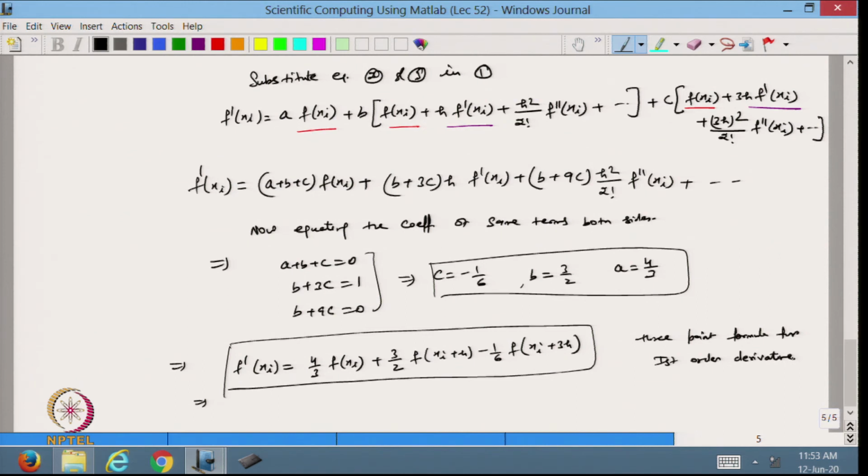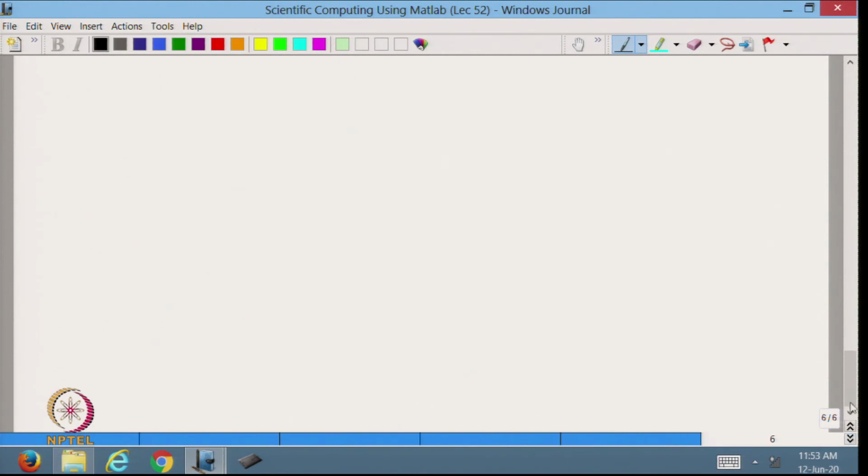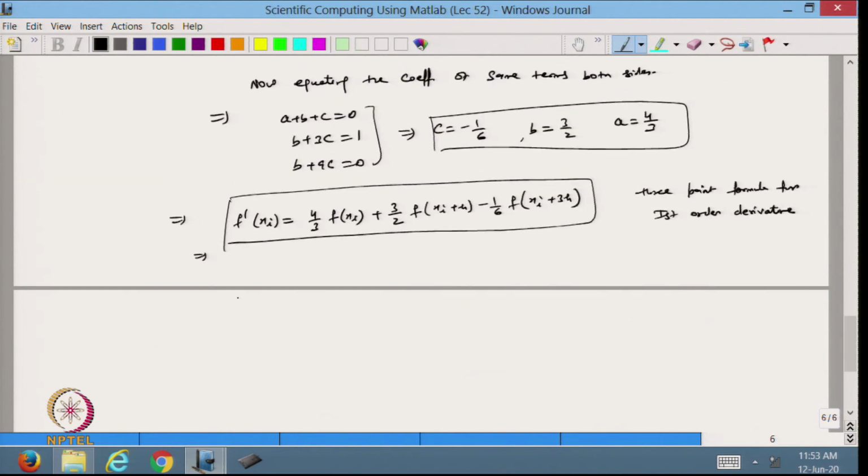In the same way we can define the first order derivative using different points. Maybe somebody is interested in finding the derivative at xi using this point, this point, this point and this point.